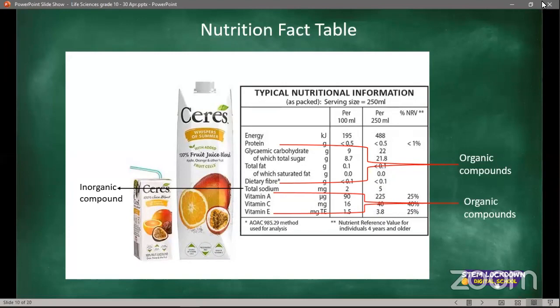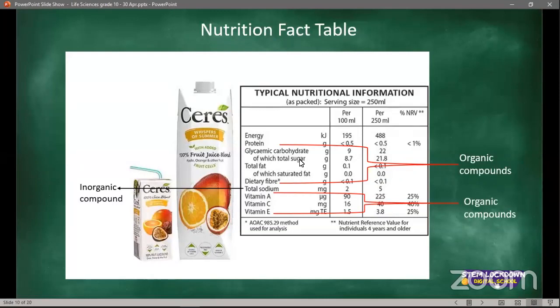I don't know if my mouse can show you guys the cursor there on the screen. If you see it, please do tell me. We have proteins. This is the juice that we normally drink. All right, thanks, Tyrese. I see that you guys can see this cursor.